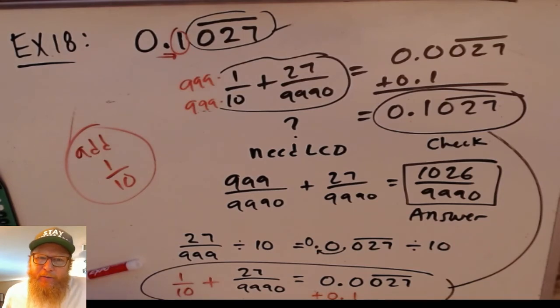I want to just, before I do the last two examples, tell you that this lesson is important for two reasons. One, I want you to get the right answer on the assignment. But that's actually not the most important reason. The most important reason is the conceptual understanding of how repeating decimals behave.